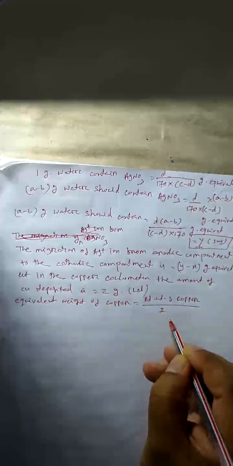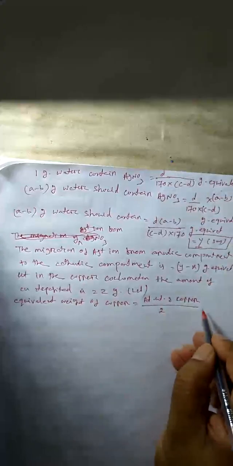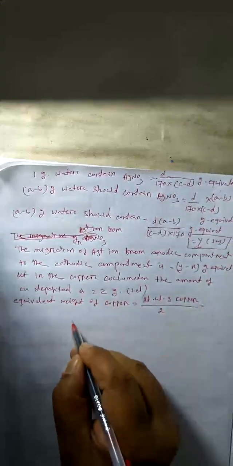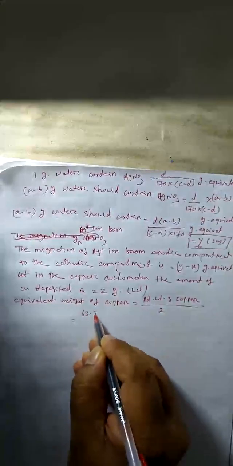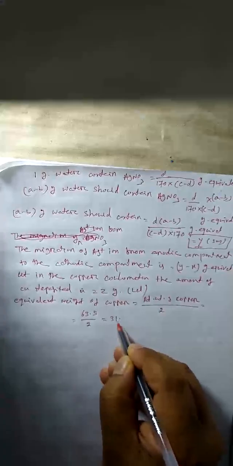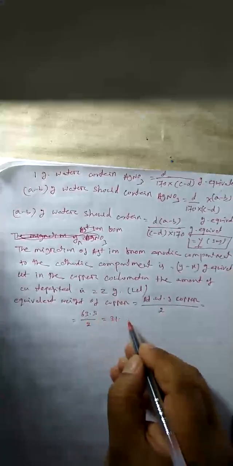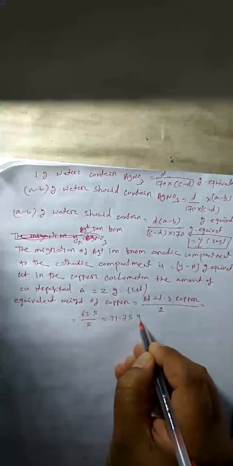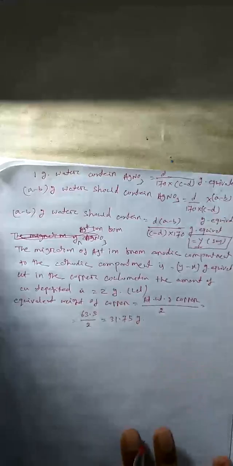Copper valency is 2. Then atomic weight is 63.5 divided by 2 is equal to 31.75 gram. That is called equivalent weight.